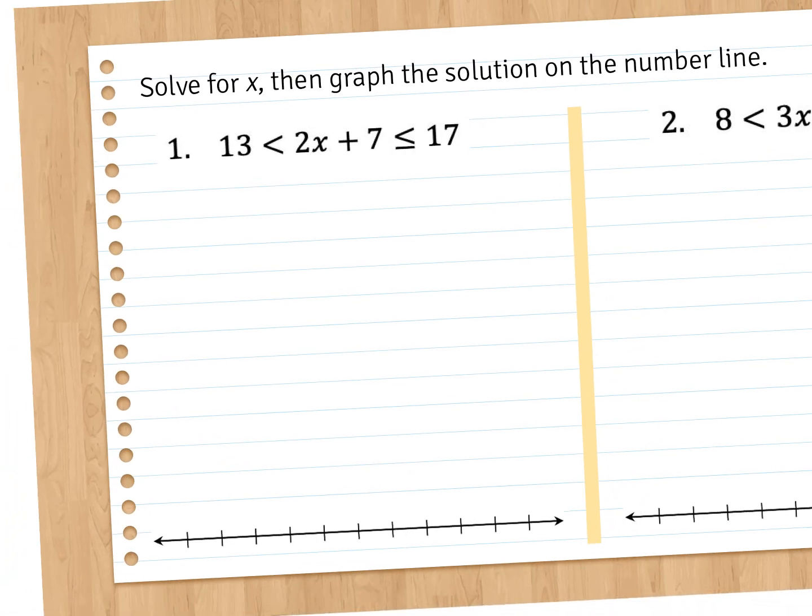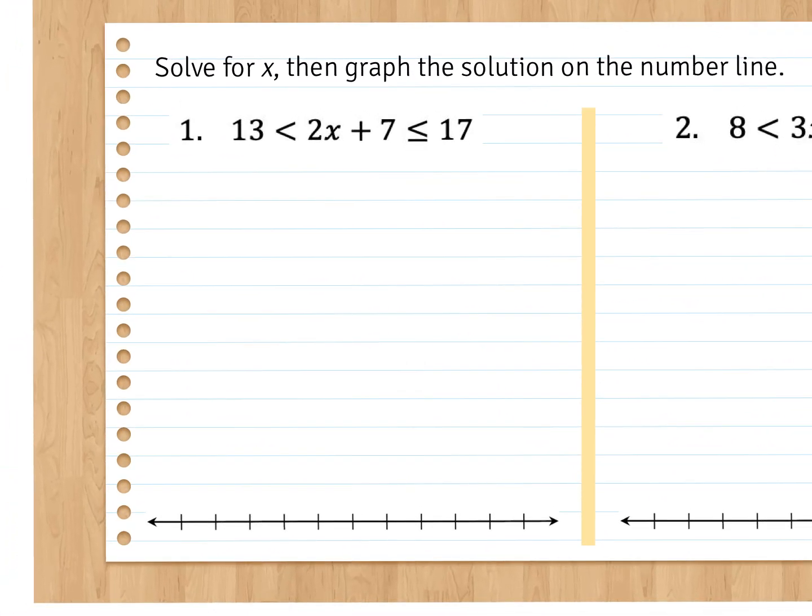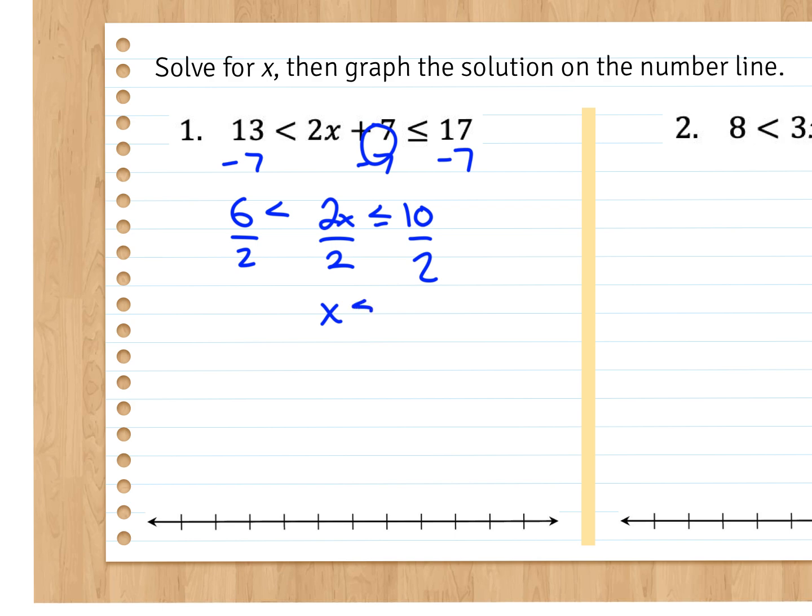So 2x plus 7 has to be between 13 and 17. Now it's kind of like I do two little algebra problems within one. Okay, so I subtract 7 from everything. So that's going to be 2x less than or equal to 10. 13 minus 7 is going to be 6. So divide everything by 2. So x has got to be less than or equal to 5, but 3 is less than x.